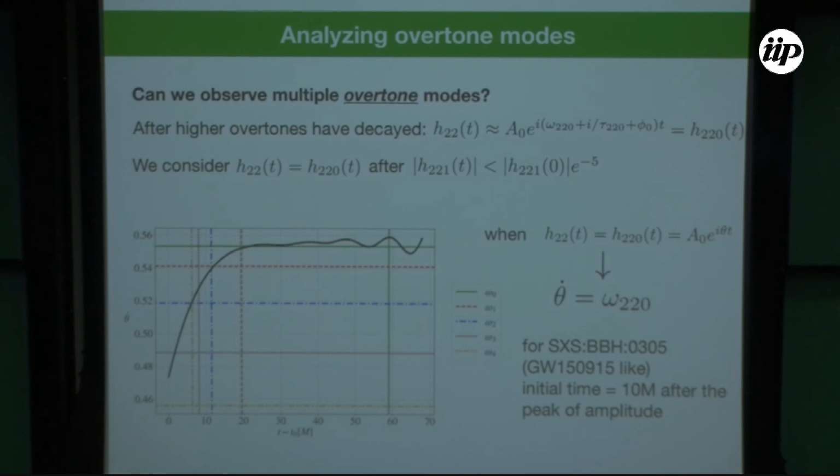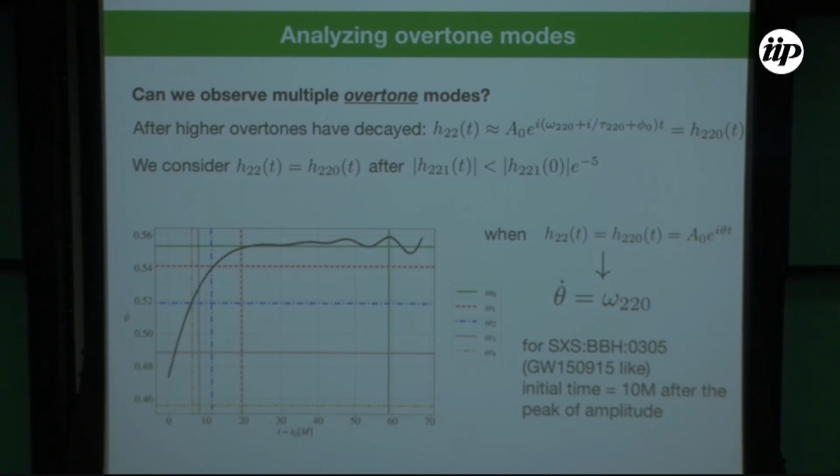If you consider the peak of amplitude, this graph must be shifted to the left, so this red line would be here at approximately 10, I think. Then I shift to the right, so I could set that this time is exactly when the first overtone has decayed to 1% of its initial amplitude.